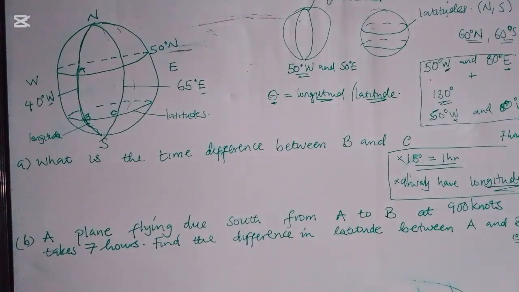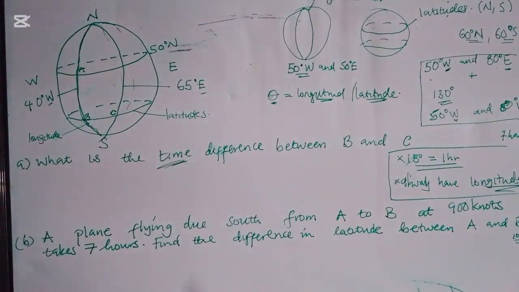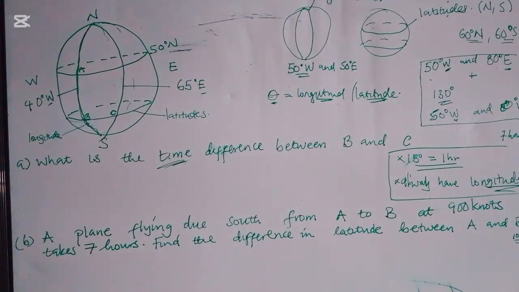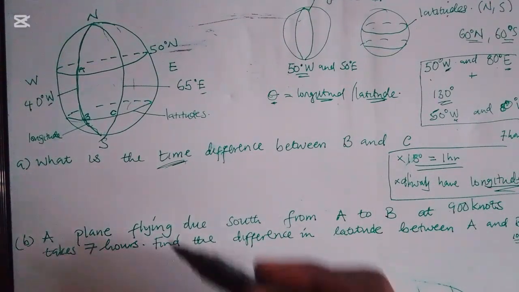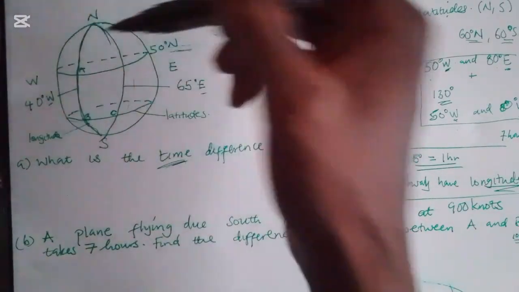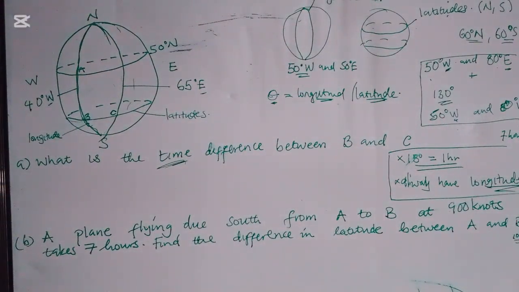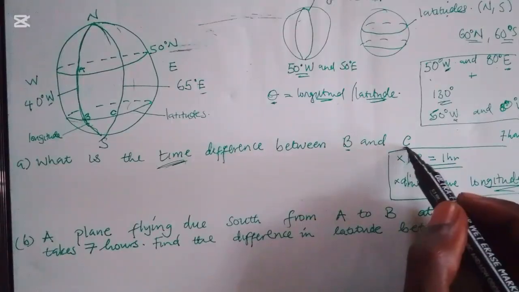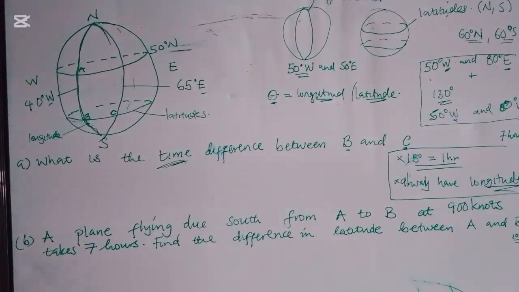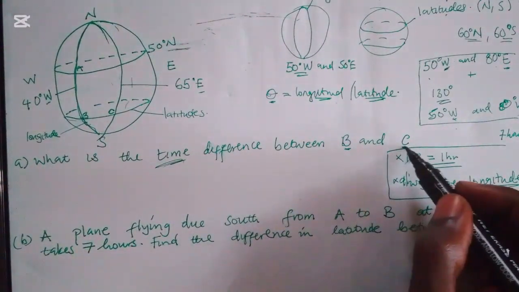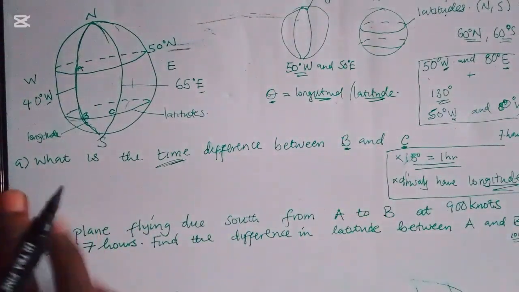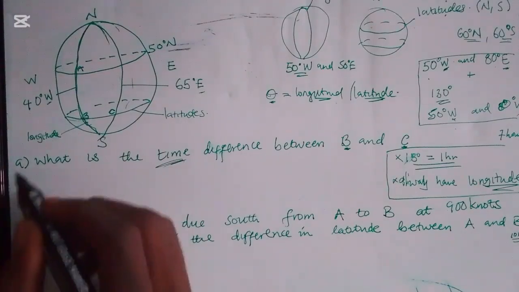Since our question is asking us for the time, we are going to ignore the latitude and focus only on the longitude, these long lines. The first step is to identify the coordinates for B and C and write them down. So let's identify them together.